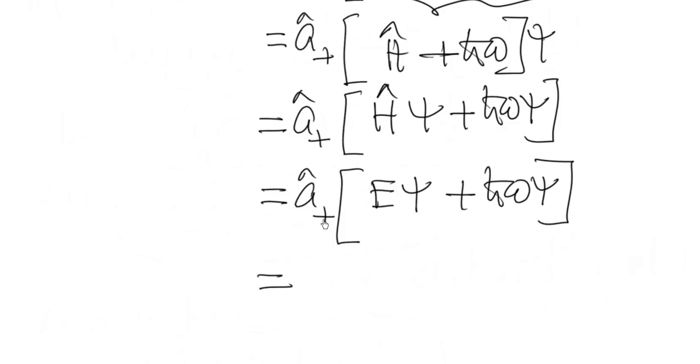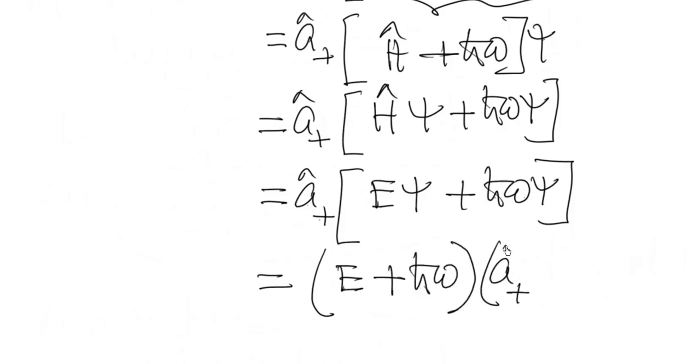Now since E and h cut omega are constant, we can bring this A plus on the left of the wave function psi. So we can write down this (E plus h cut omega) A plus psi.